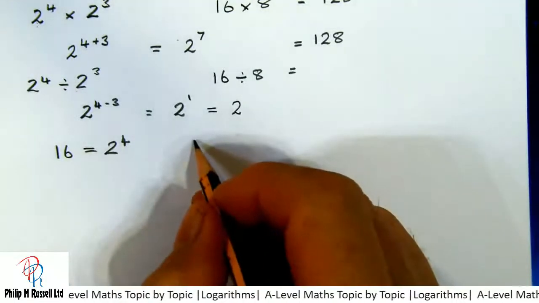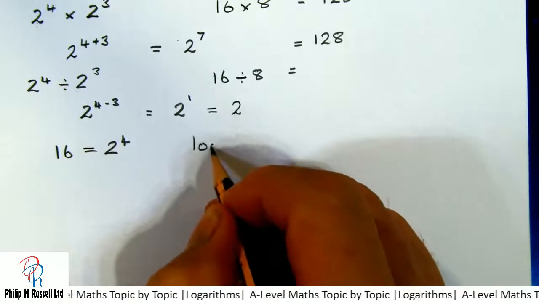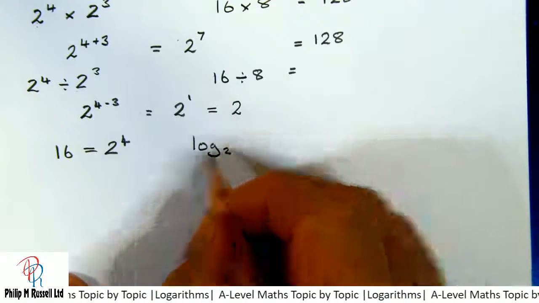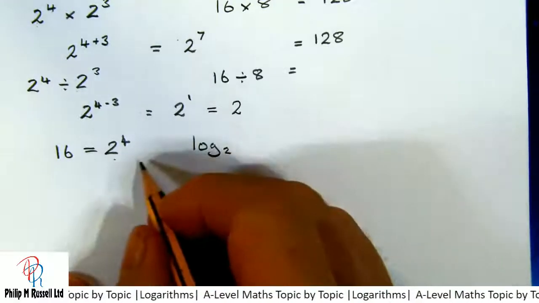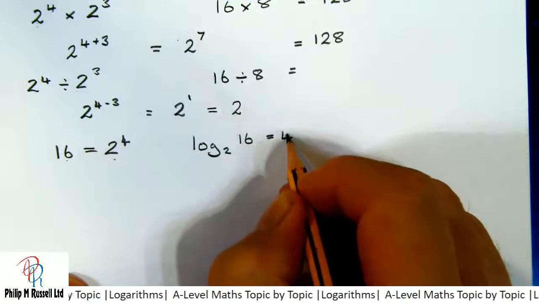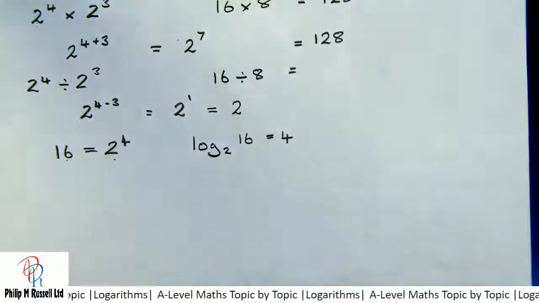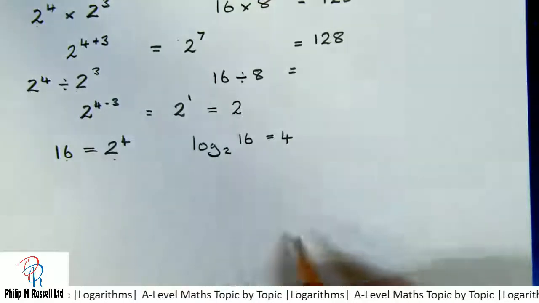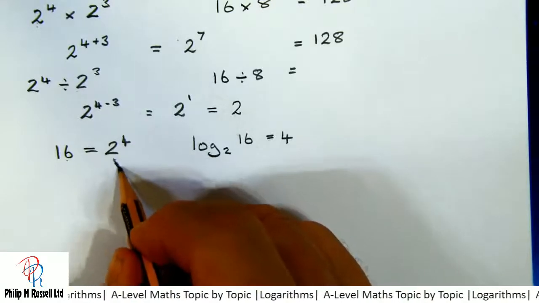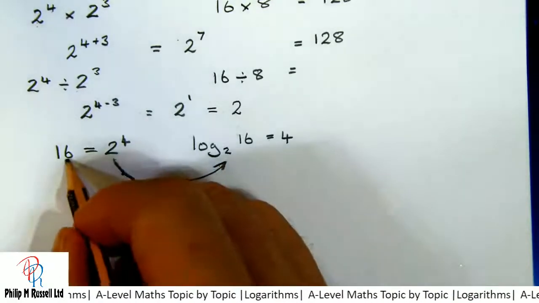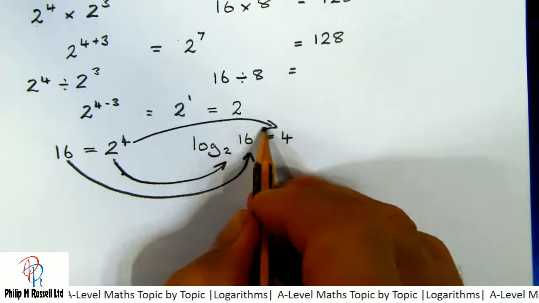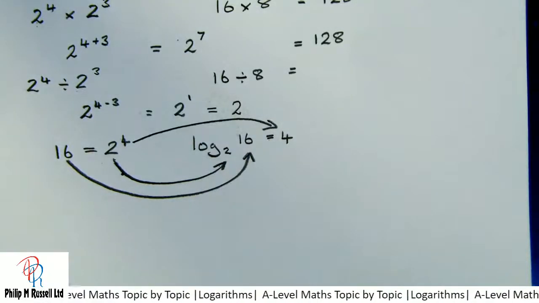What I could do is take logs of this, and I can say log to the base 2 of 16 is 4. And this is an interchangeable way of looking at the numbers. So there is our base, here is our answer, and here is our power. And this is how they work.